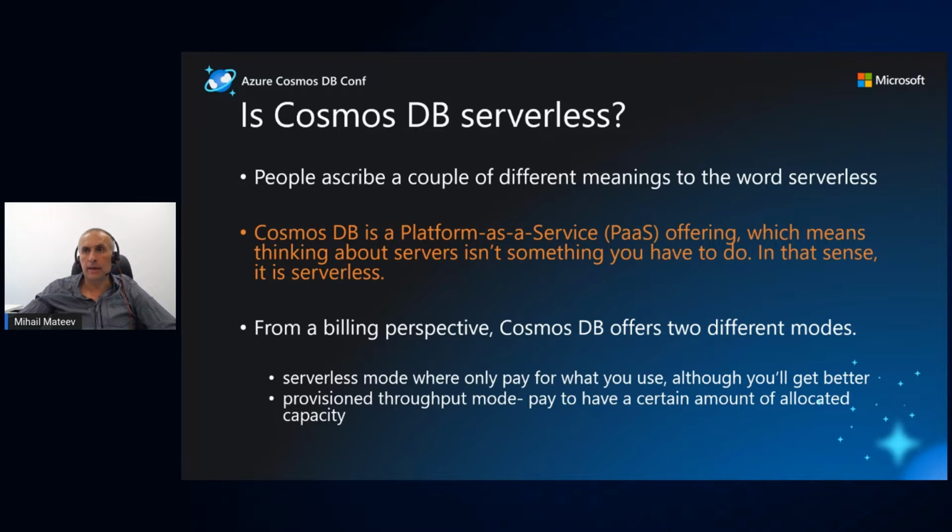From another perspective, related to billing, we have two different modes. Serverless, which is the main point of this presentation, and provisioned throughput mode, which is actually the initial mode supported by Cosmos DB from the beginning, where we allocate a certain amount of capacity.